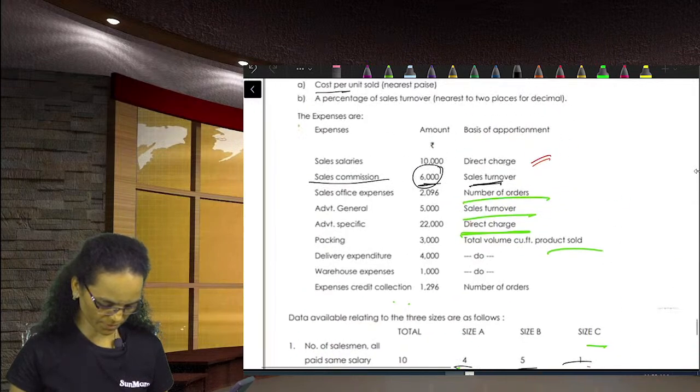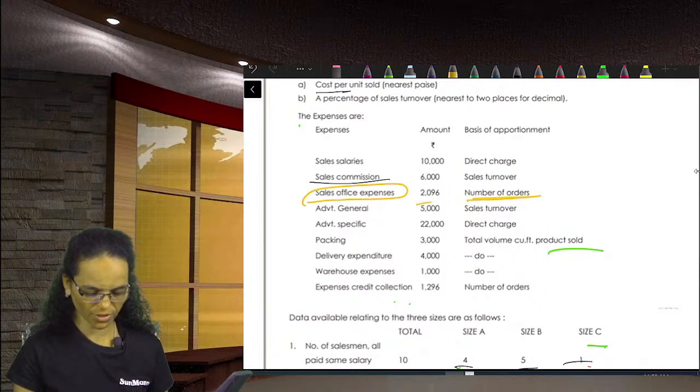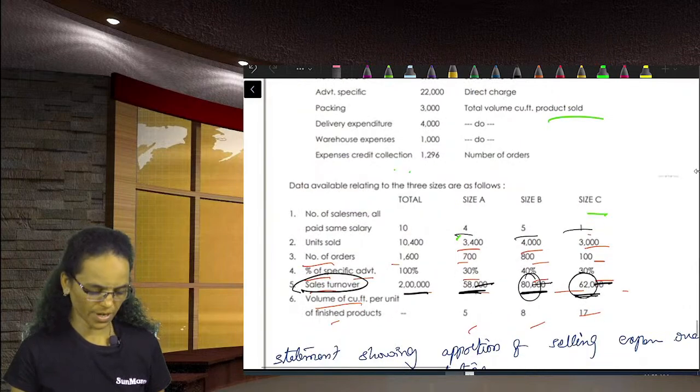Next one, sales office expenses on number of orders, 2096.